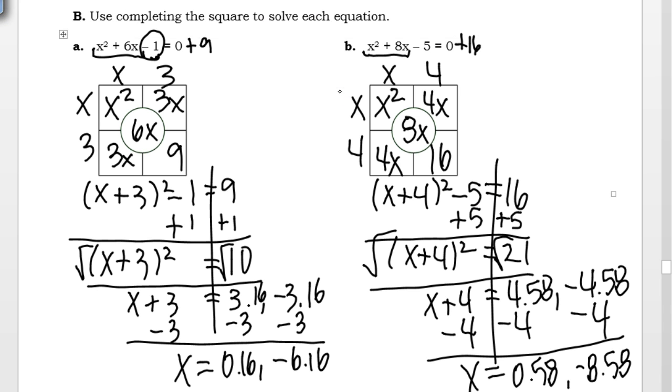What we see here is that this number is always half of your B term, and that this number is always half of your B number squared. If you can follow that format, you don't really need the box, but if you would like the box, I will place a link to blank copies that you can print off. You can also just obviously draw them yourself on notebook paper and then staple that to your assignment.